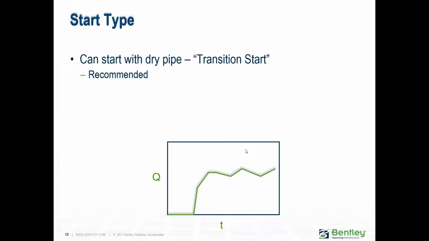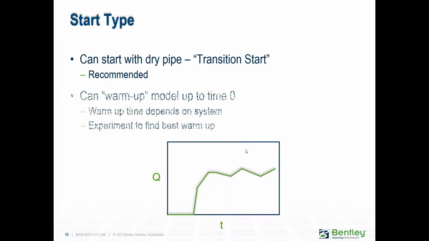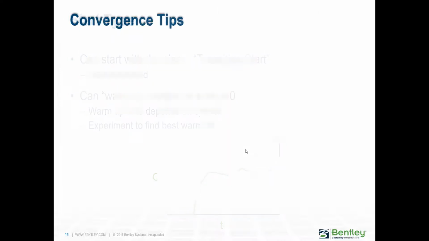And it's precisely because between time step and time step, it can't really converge. So to avoid that, we recommend that you use what we call transition start. So it's a way of warming up the model. And you can try different times and really just do some experimenting, again, if you are getting those continuity errors.